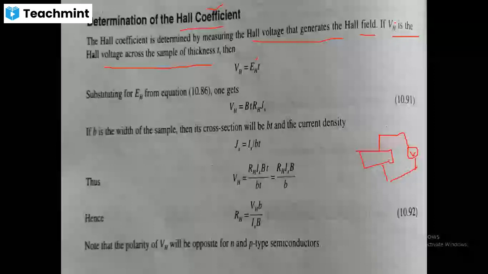How? If VH is the voltage across the sample, let's say the thickness is t, then the Hall voltage is given by VH equals EH into t. From this expression, you can say EH equals VH divided by t.